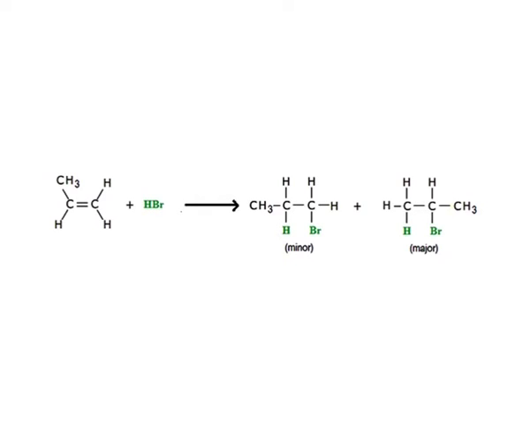According to the rule, the positive end of the reagent attaches to the multiple bonded carbon having more hydrogen atoms. Of all possible addition products, that one formed according to the rule will be the major product. For example, here the addition of hydrogen bromide to propene gives 2-bromopropane as the major product.